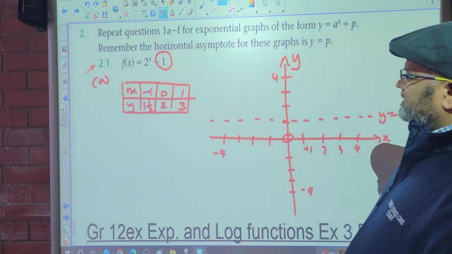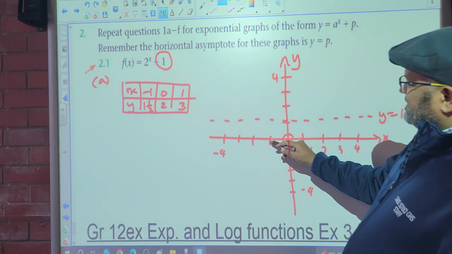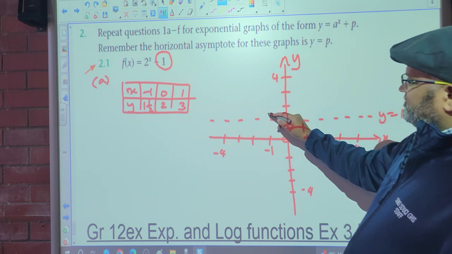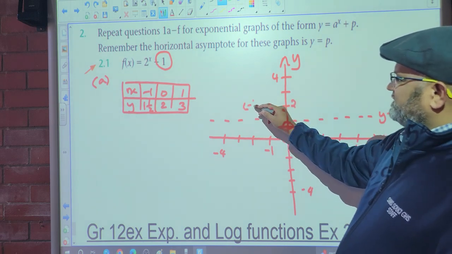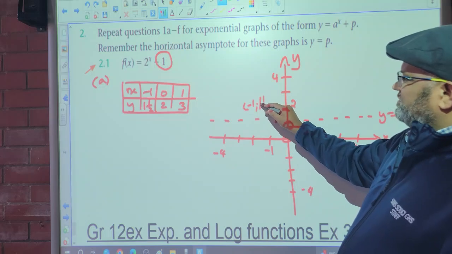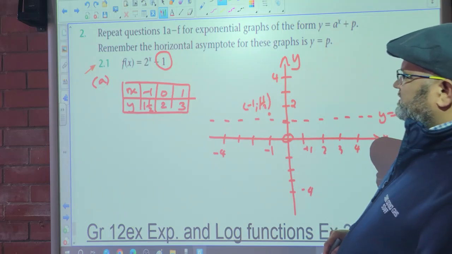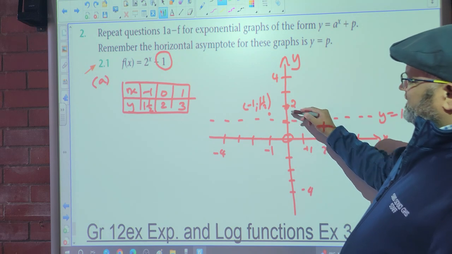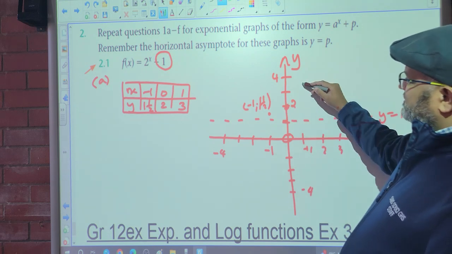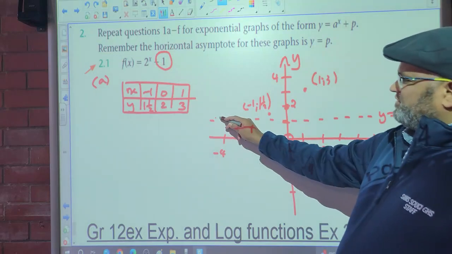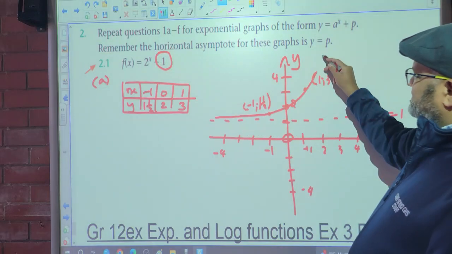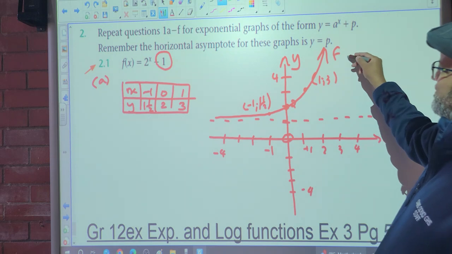So -1 gives us 1.5, or 3 over 2. Then 0 gave you 2, and then 1 gives you 3. As you can see, the graph comes close but does not touch. So that is your f of x graph.